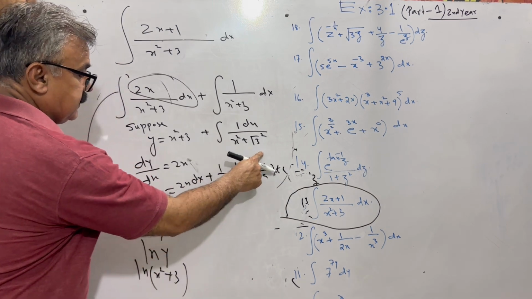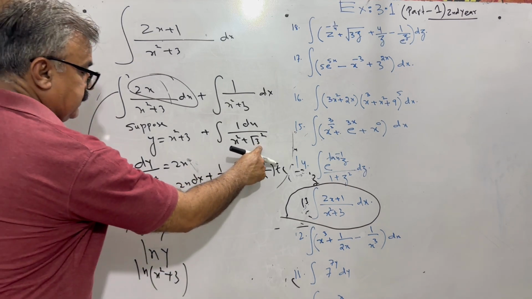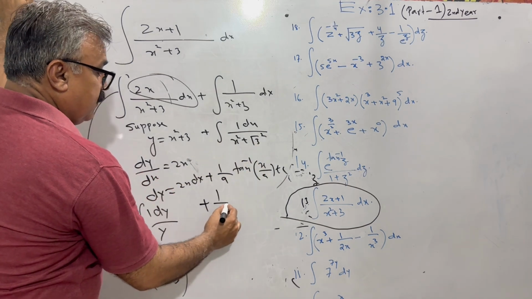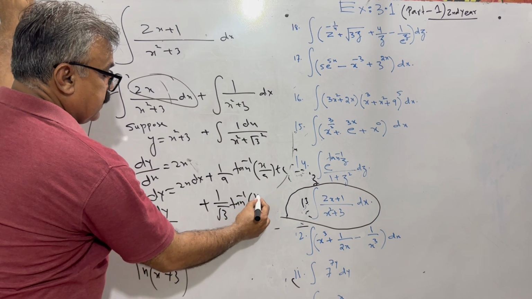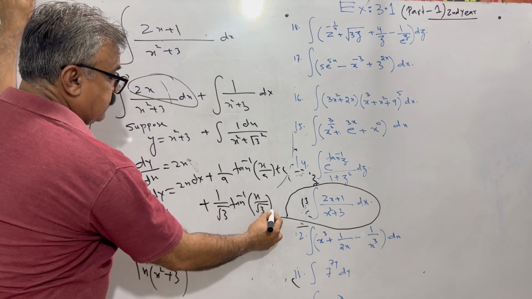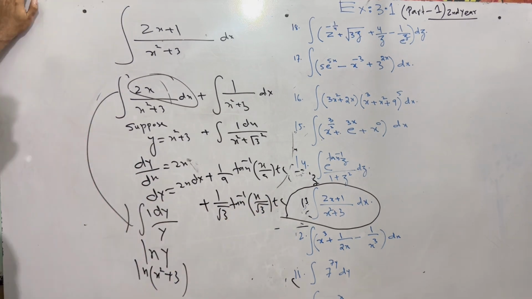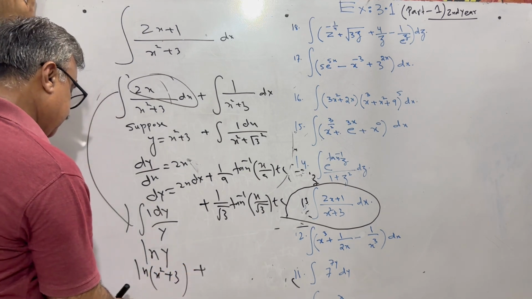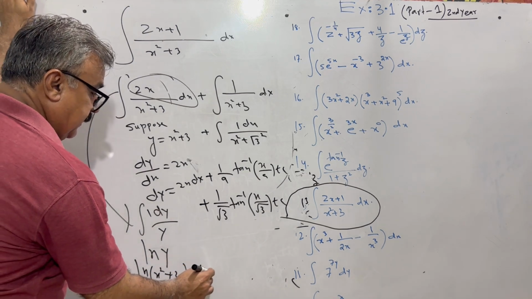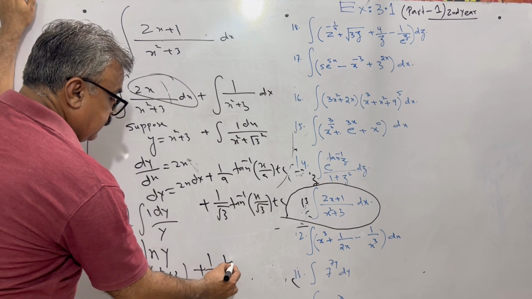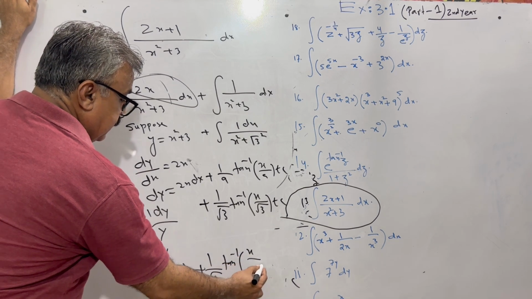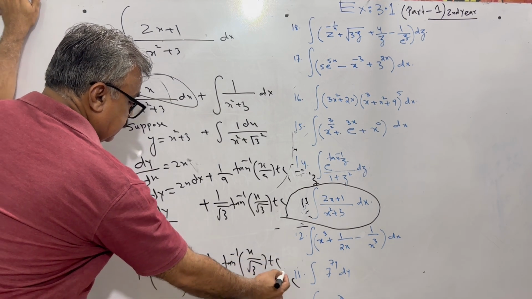This is our x, this is our a. Replace values here: 1 over root 3 times tan inverse of x over root 3 plus c. So we have the lump sum integration: ln of x square plus 3 plus 1 over root 3 tan inverse of x over root 3 plus c.